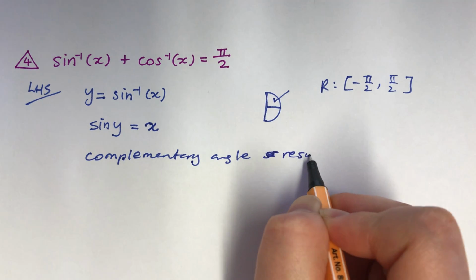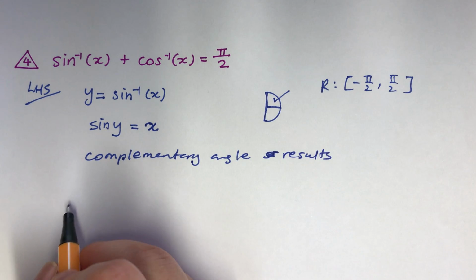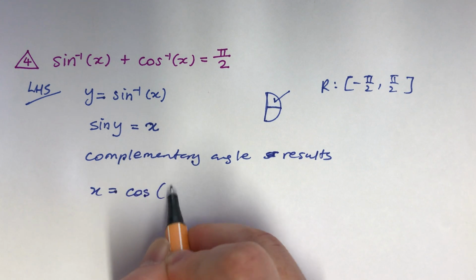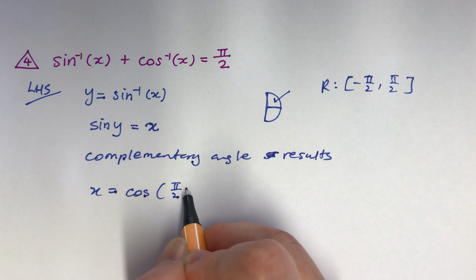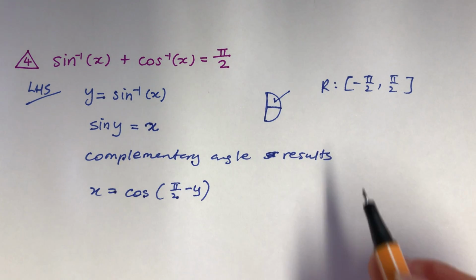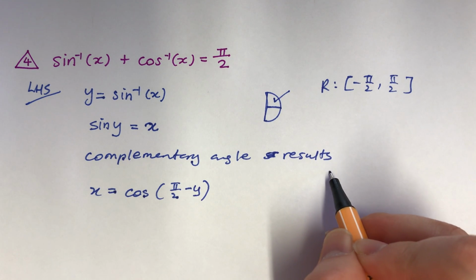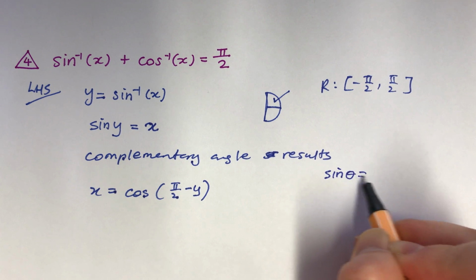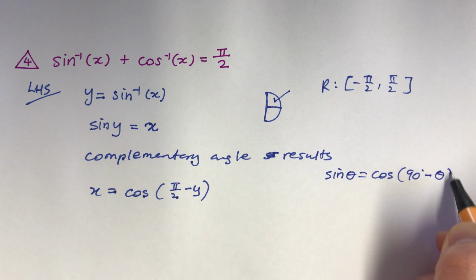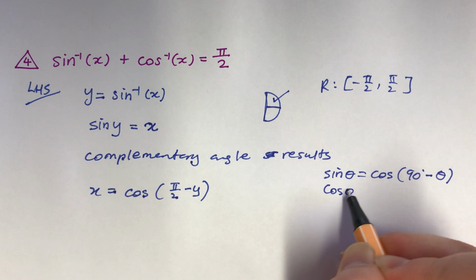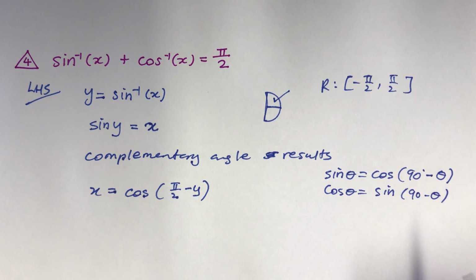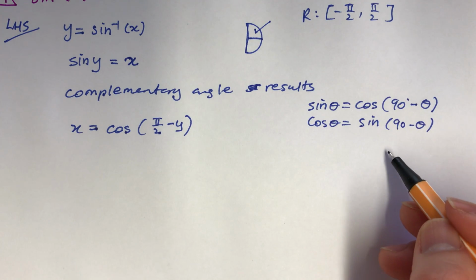So I'm going to go x equals cos pi over 2 minus y. Okay, so do you remember sine theta equals cos 90 degrees minus theta, or cos theta equals sine 90 minus theta? Okay, so what happens here?